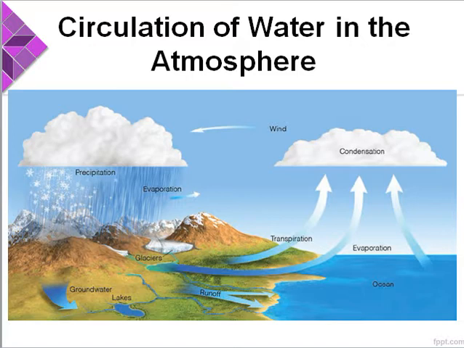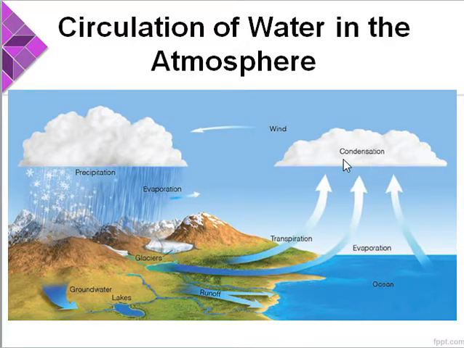Over the ocean, the sun's energy transforms enormous quantities of liquid water into water vapor in a process called evaporation. The winds transport the moist air to other regions where the water vapor changes back into a liquid or ice, forming clouds, in a process called condensation.